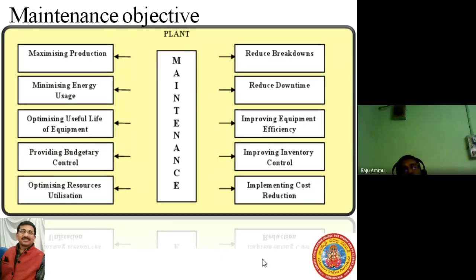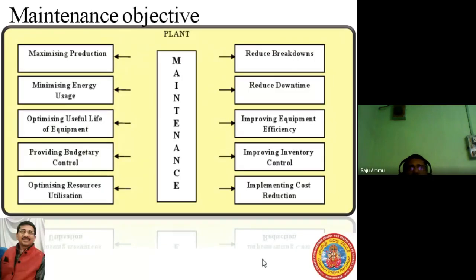So that is what you can say, optimizing the useful life of the equipment, and providing budgetary control, because you are maintaining your plant in the way it has to function. You will not have any disturbances. You will not have sudden breakdown of the machine, or non-functioning of the machine. If it is so, you need to replace it immediately. But because you are maintaining, you can have a proper budget.